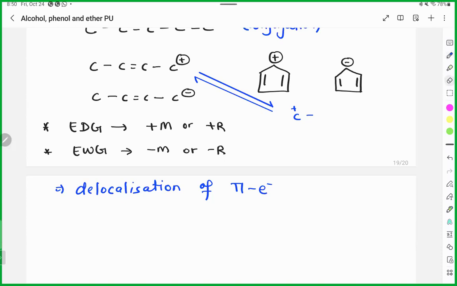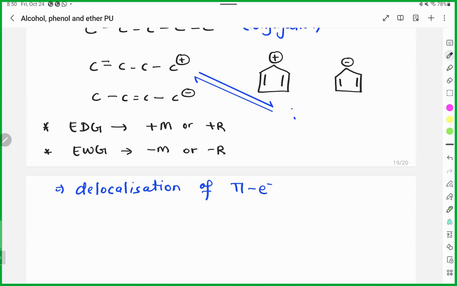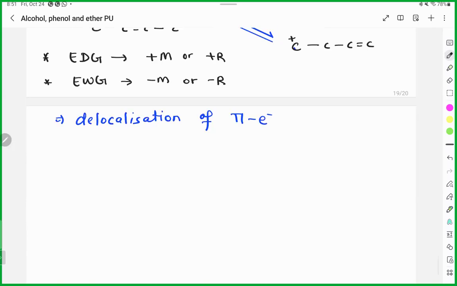Yeah, that's what I want to translate. Was it like this? If you have a double bond here, then it can transfer to this, right? Sir, before it was correct, but I think, let me check it again.